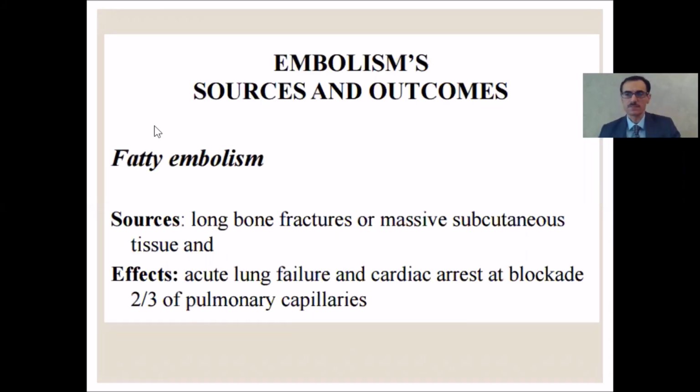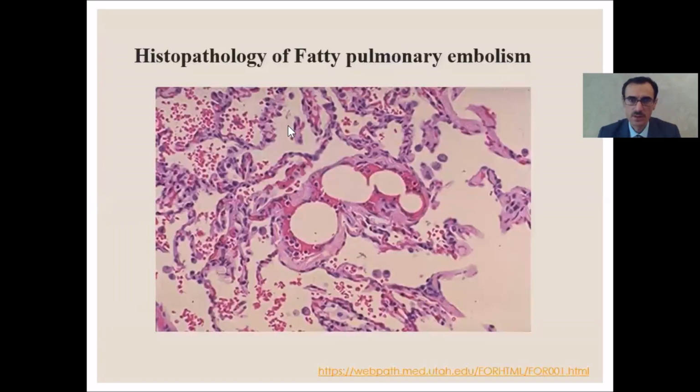Or fatty embolism, the entering of fat molecules into the blood vessels, resulting in embolism. For example, it results during fractures of the long bones or during massive injury of subcutaneous tissue. It causes acute pulmonary failure or cardiac arrest if it blocks two thirds of the pulmonary capillaries.